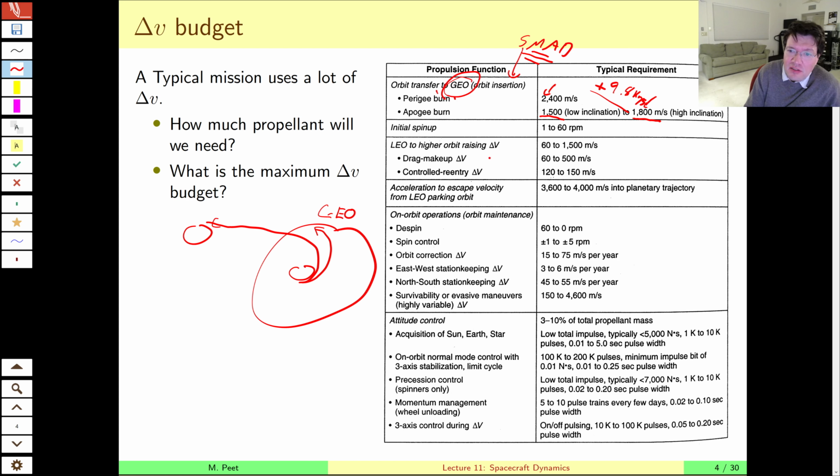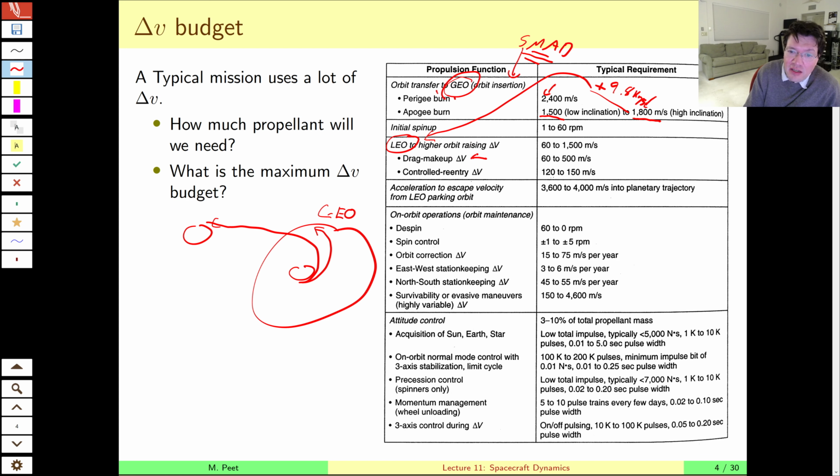So up in orbit, low Earth orbit, that's what LEO is, we have some delta V's, even if we're not going any higher than low Earth orbit. And the 9.8 kilometers per second is what's required to get us into low Earth orbit.